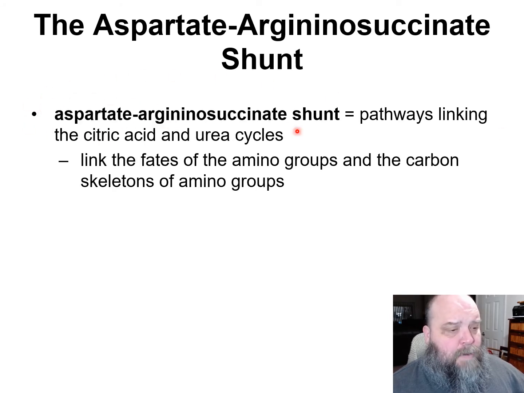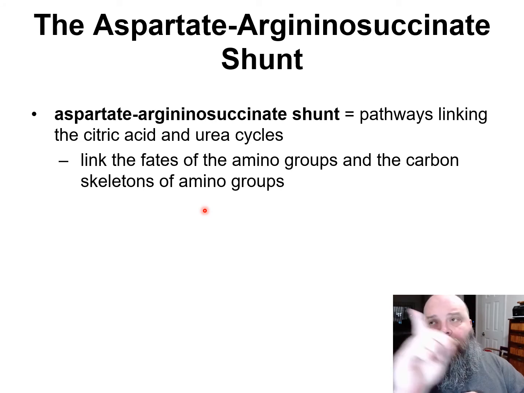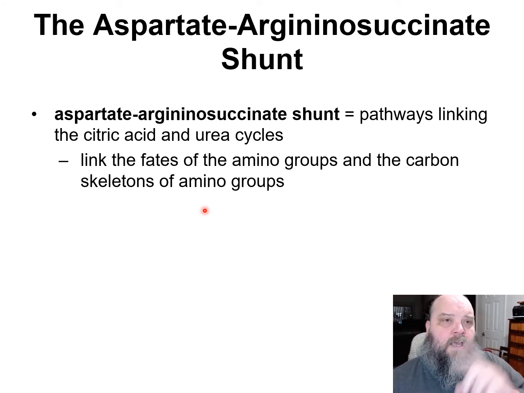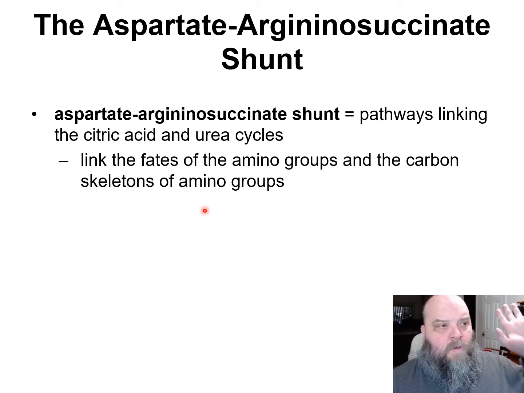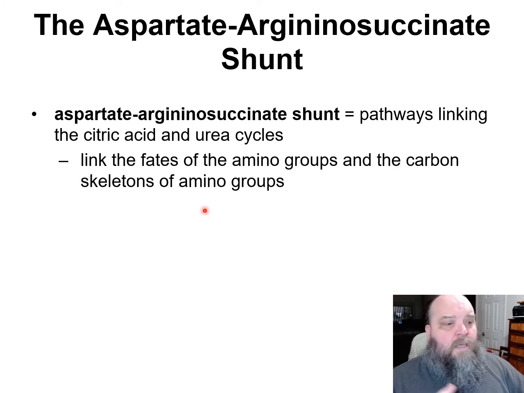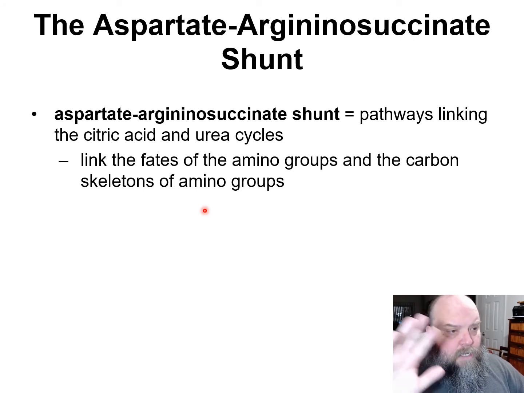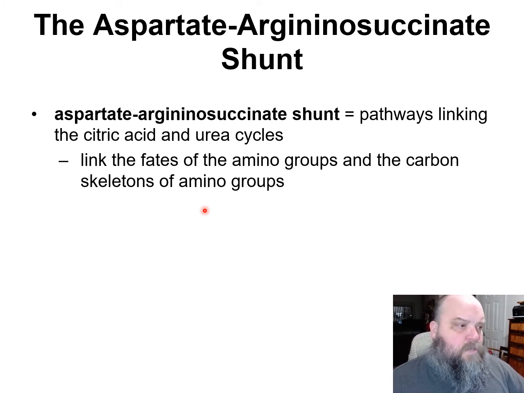As I pointed out, the aspartate-argininosuccinate shunt. Okay, the aspartate, is it going to go this way or is it going to go that way? If it goes this way, it's going to become fumarate or alpha-ketoglutarate or something else in the cytoplasm. But if it goes this way, it's going to become argininosuccinate, which means you're going to be releasing urea and then making the ornithine, which is going to come back in.